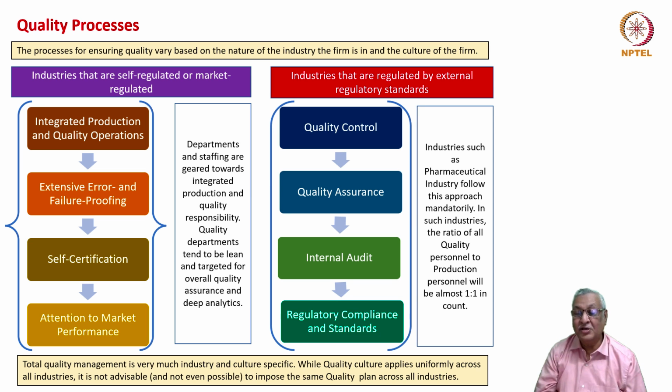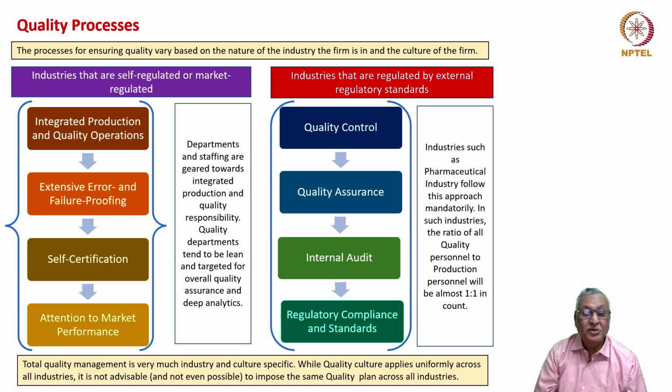Just as we get regulatory auditors, we also need to have internal auditors who ensure that quality control, quality assurance, and by implication the production are to the standards. The companies also have to recognize that the regulatory standards are continuously moving up. So we need to understand regulatory compliance and the standards that are getting upgraded from time to time. So all of these things constitute the essential part of a quality system in a pharmaceutical industry.